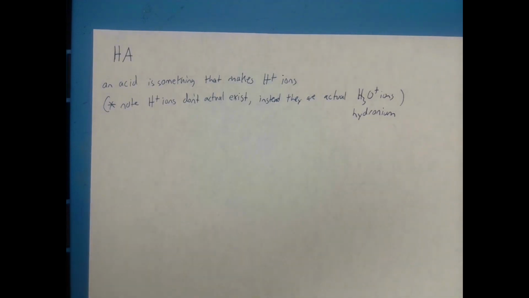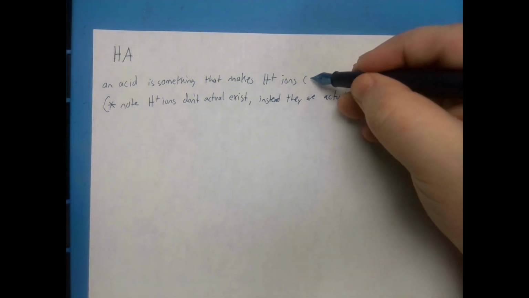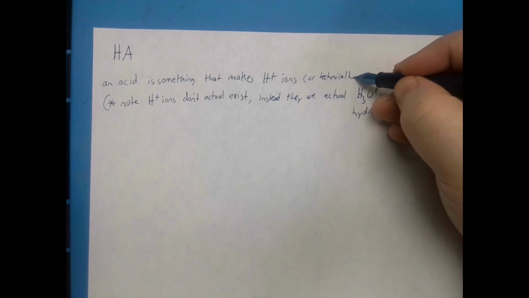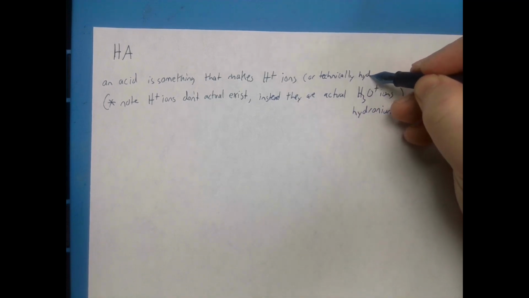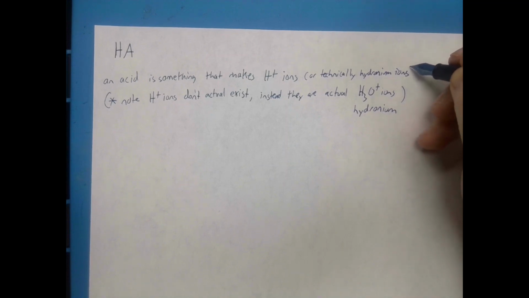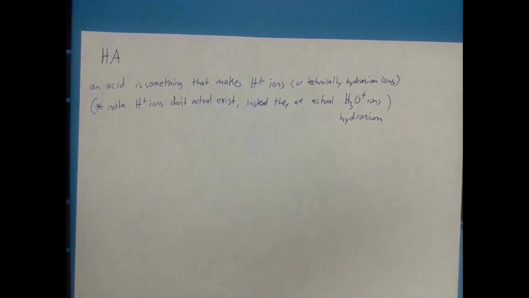So an acid is something that makes hydronium ions. Technically, hydronium ions. This is the strictest definition, and we'll stick with the simple case as it is easiest.